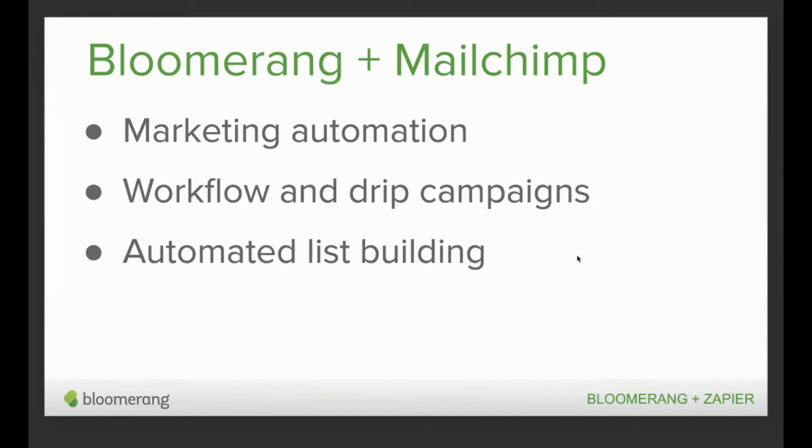So Zapier-enabled integrations between Bloomerang and Mailchimp can supplement the Bloomerang native Mailchimp integration and provide additional functionality for marketing automation, workflow and drip campaigns, and automating list building. So taking some of that manual work out so that you have more time to focus on other cultivation and stewardship activities related to your fundraising efforts.